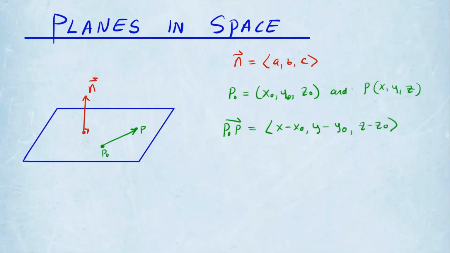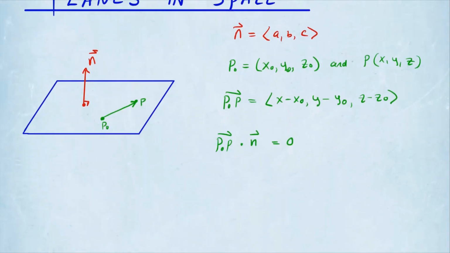Now, since we're saying they're perpendicular, we know that this vector P0 to P dotted with the normal vector is going to be 0, because we know that from the dot product. Which means if I write them component-wise, so we know that P0 to P, that vector has these components. So let's go ahead and write that out. So we have x minus x0, y minus y0, and z minus z0.